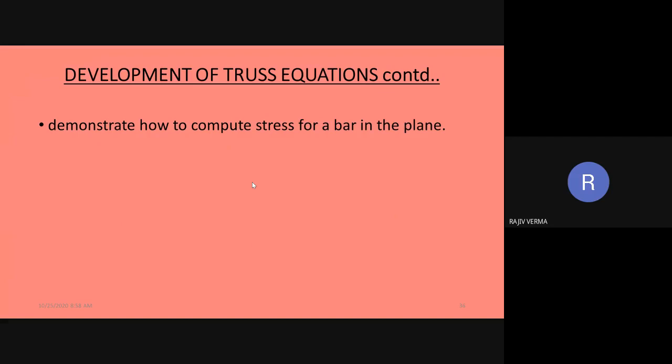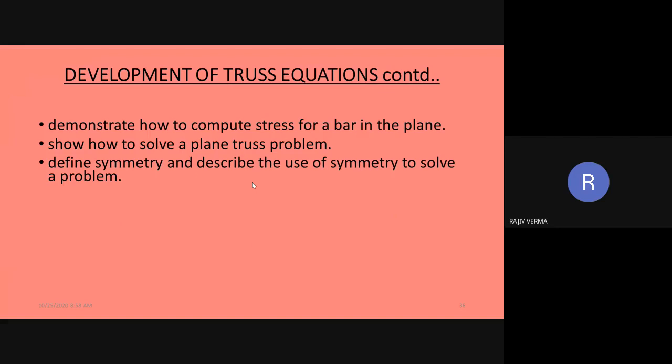And then we are going to talk about the methods which are going to be used for evaluating the stress. And one of the last points is going to be the demonstration of how symmetry can be used to reduce the complications, to reduce the size of a problem to be solved.